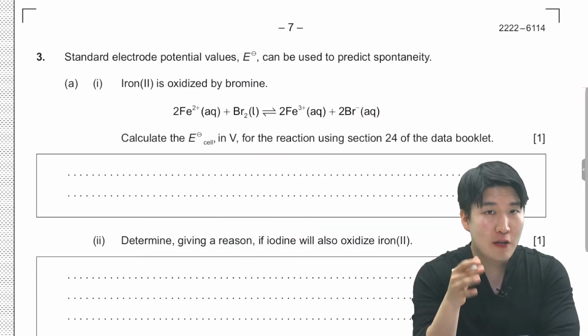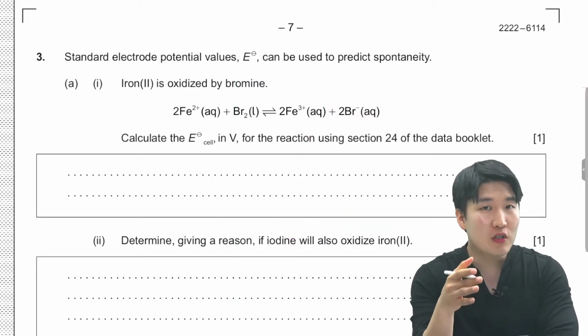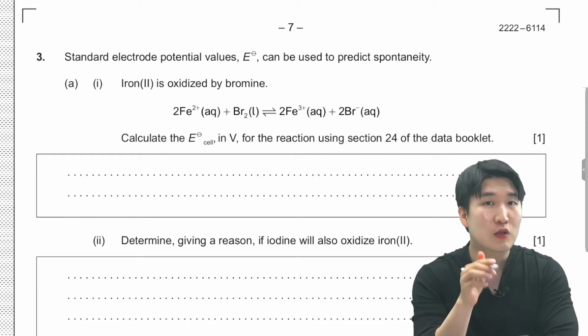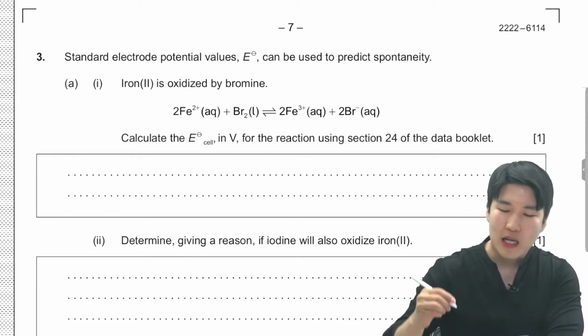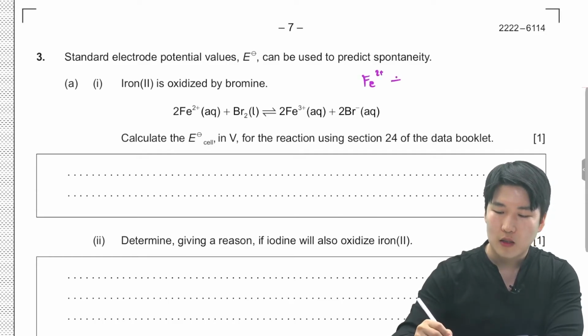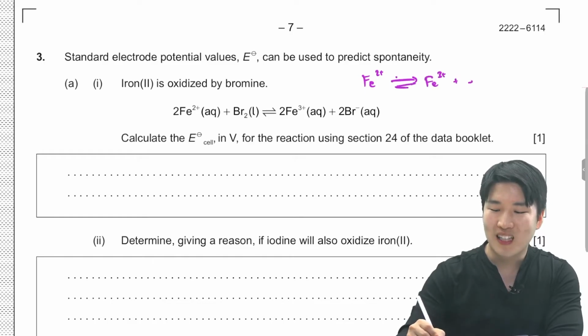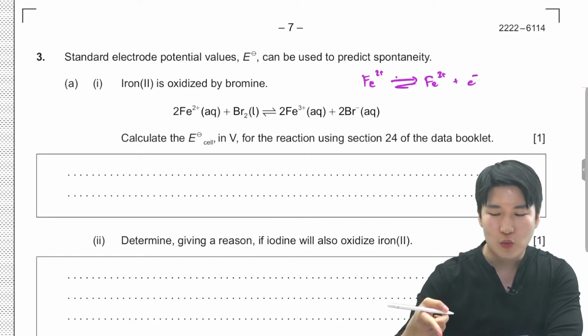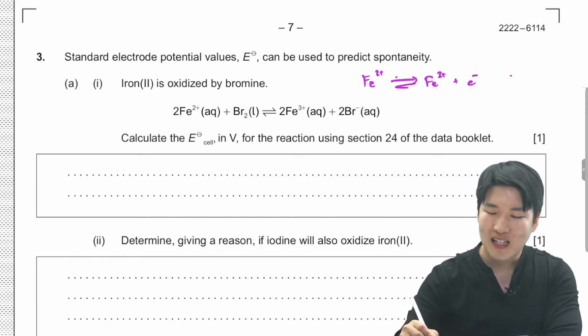Cell potential calculation question, where we have iron 2+ being further oxidized to Fe3+, and we'll represent this oxidation half equation as Fe2+ turning into Fe3+, releasing one electron. This will have an electrode potential value that is negative.